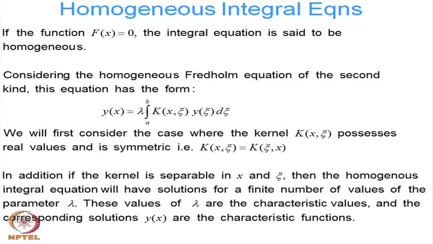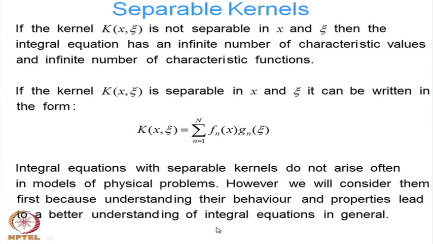So, a kernel is separable in x and xi when the dependence on x and xi can be separated out. That is, when k of x of xi can be written as the sum of n number of terms of this type, where fn is a function of x and gn is a function of xi.